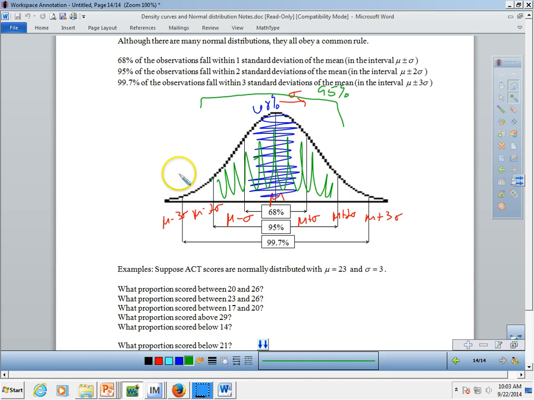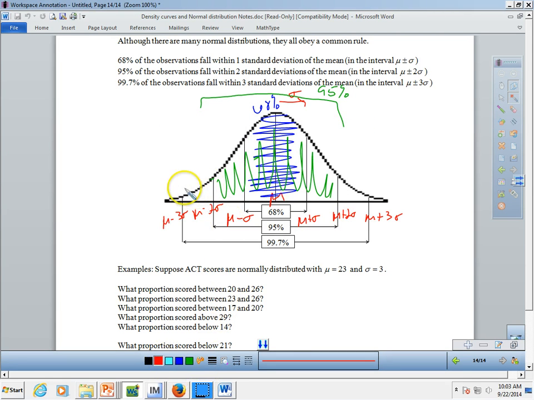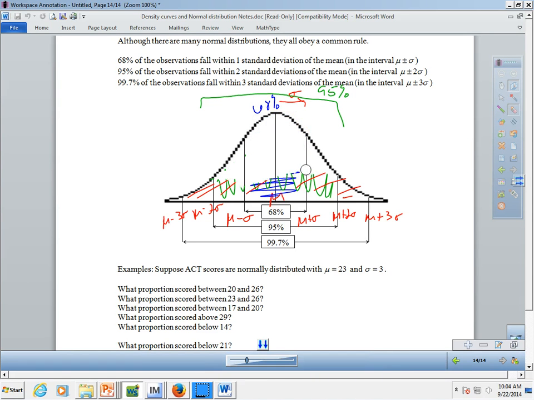Okay? And then from here all the way out, that's where 99.7% of your observations are sitting. And so these colors might actually get in the way here. So I wonder if we could do something like this and make more sense of it. Hope you're doing this in pencil.